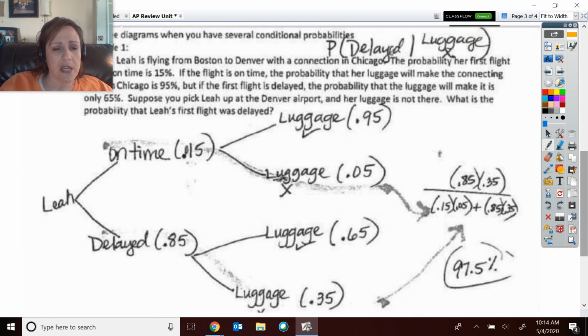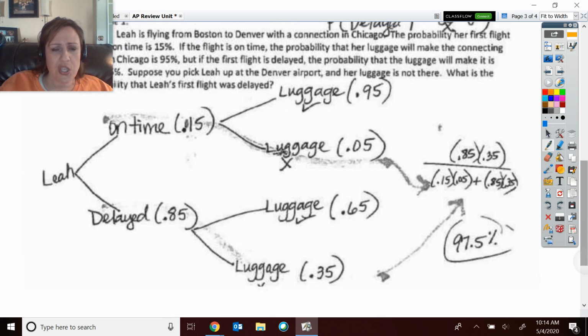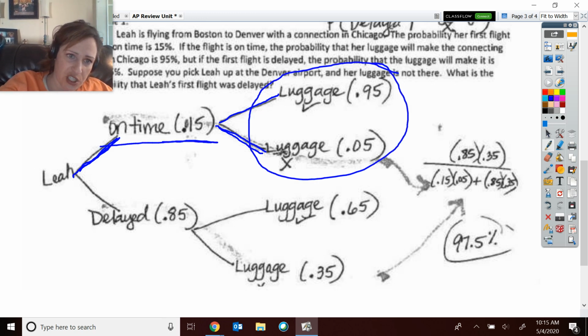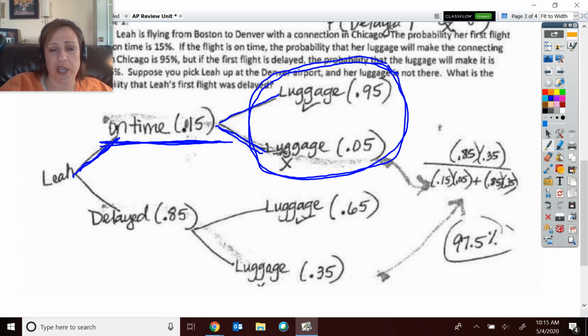This is the one where Leah, we're told she leaves on time. Well, if that first flight leaves on time, then there's a 95% chance her luggage will get there on time, or will get to her connection. 5% chance it won't. Okay, so this is, if her flight leaves on time, which happens only 15% of the time, then here's the rate at which her luggage will get there or not get there.